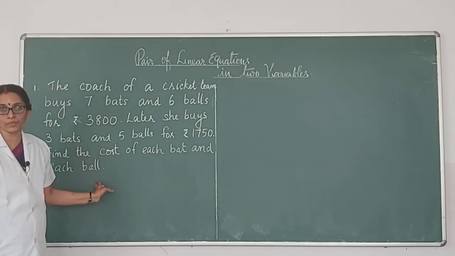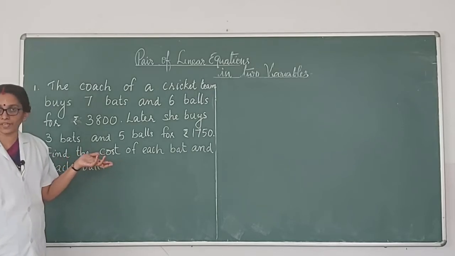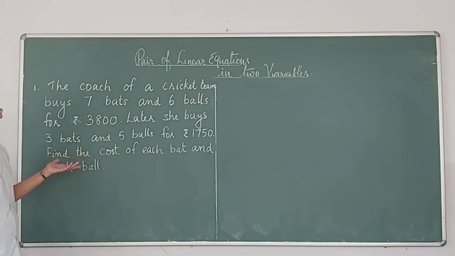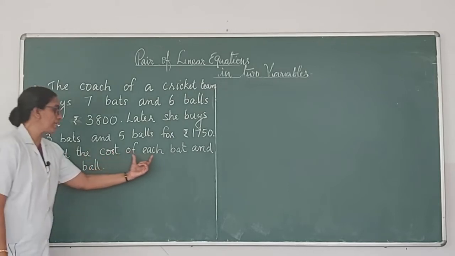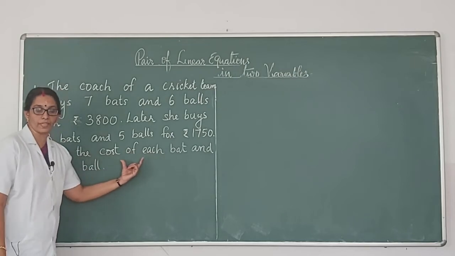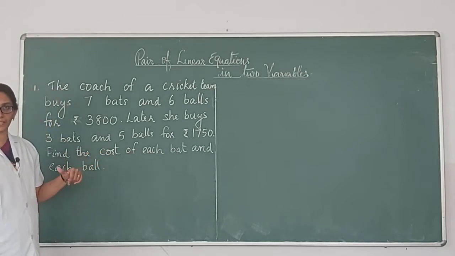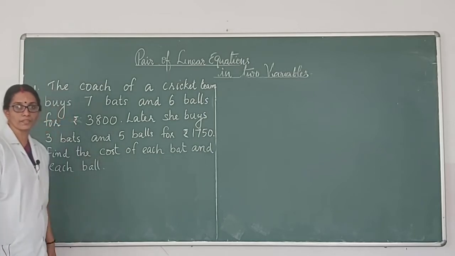So that we have to assume. How can we assume? Usually we take x and y as unknown quantities. You can take any variable; here I am using x and y. Find the cost of each bat. So first we find the cost of one bat, which we take as rupees x, and the cost of one ball is rupees y.